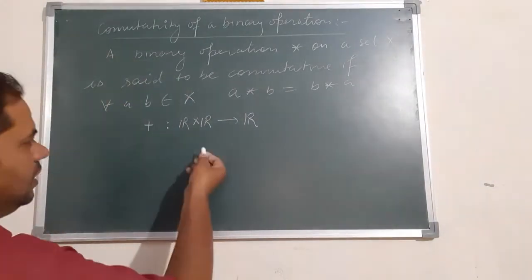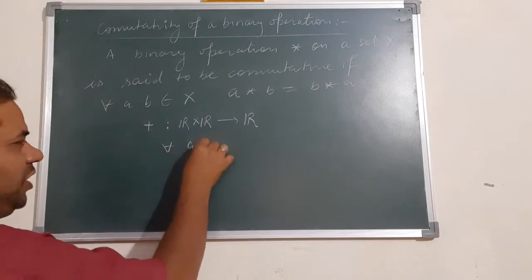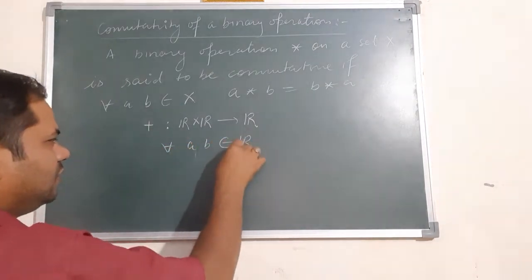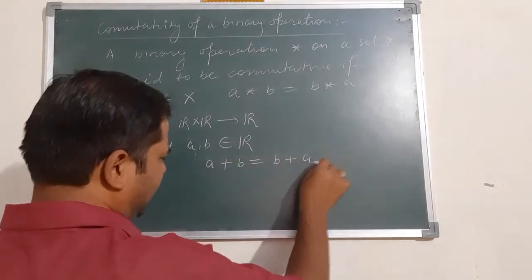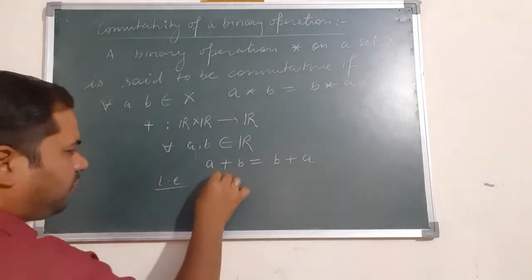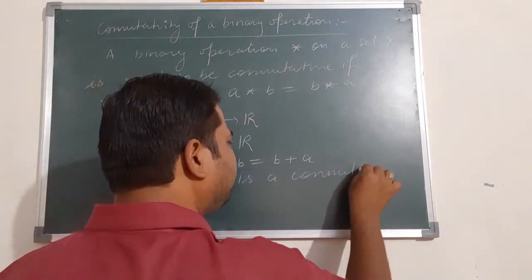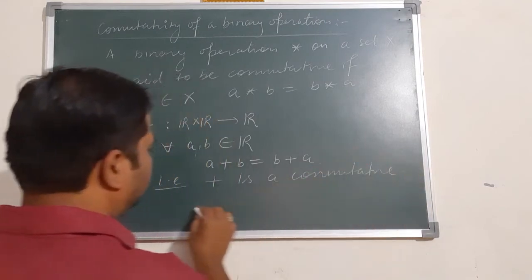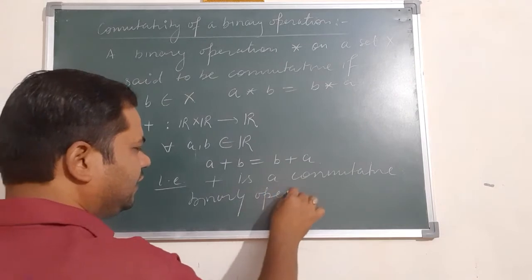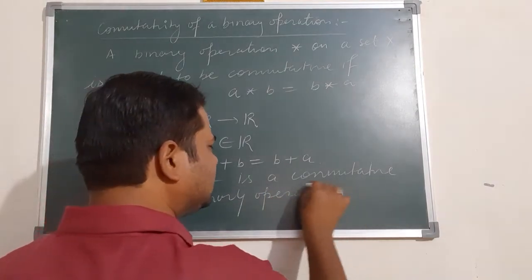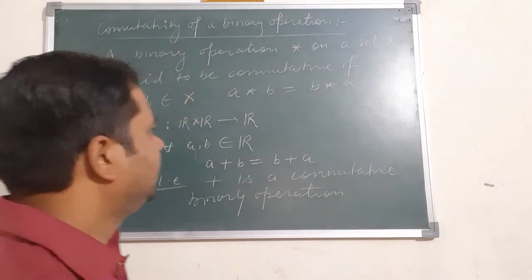For that, if we take plus, for each A, B belongs to real numbers, A plus B must be equal to B plus A. That is, plus is a commutative binary operation. That means plus is commutative on the set of real numbers.